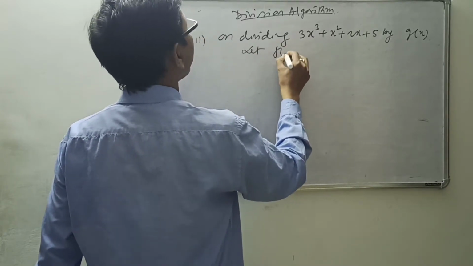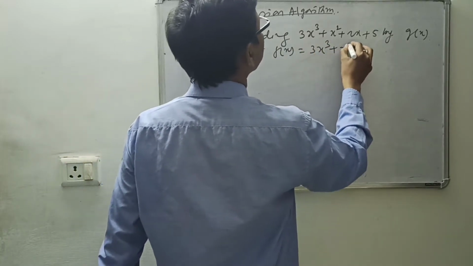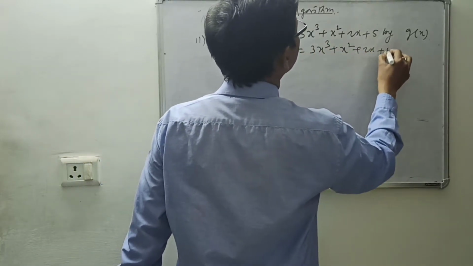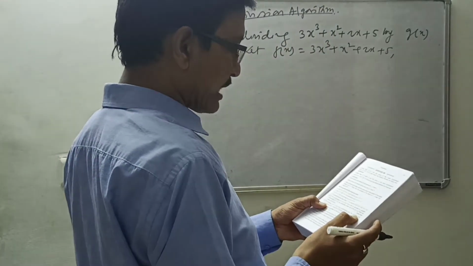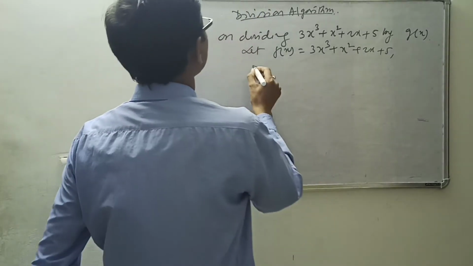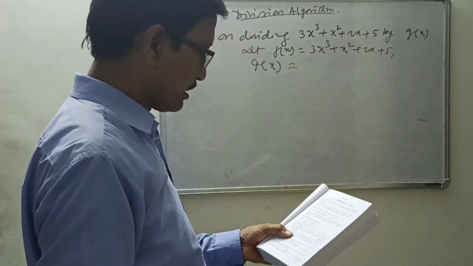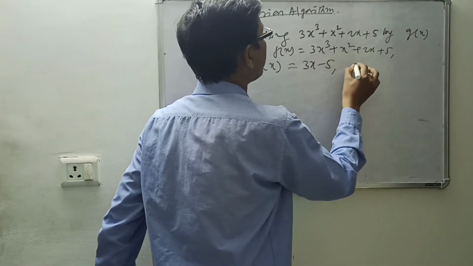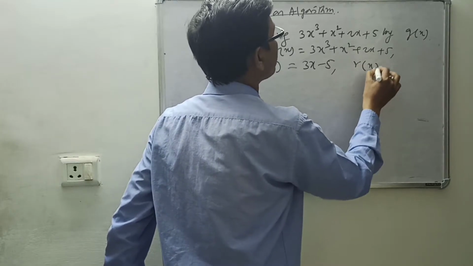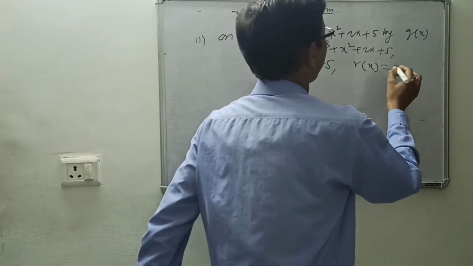And what is given? The quotient and the remainder. The quotient Q(x) is given as 3x minus 5, and the remainder R(x) is given as 9x plus 10.